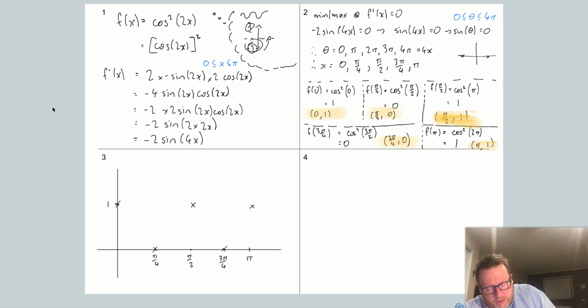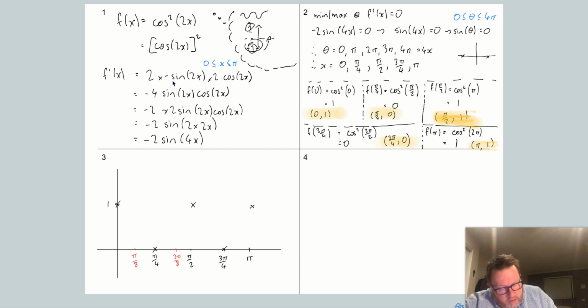Well, halfway between 0 and pi on 4 is going to be pi on 8, right? And then halfway between these two is going to be 3 pi on 8. So we've got 1 pi on 8, 2 pi on 8, 3 pi on 8. Then we've got 4 pi on 8, or pi on 2.